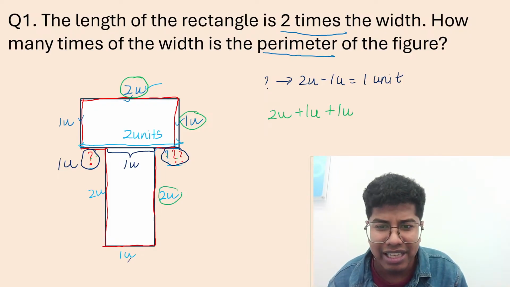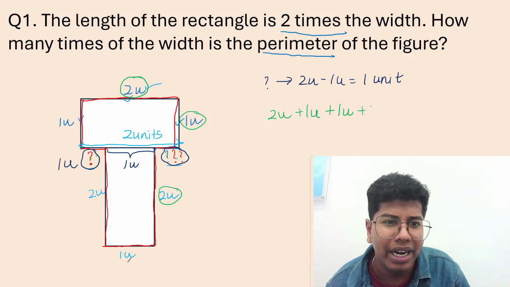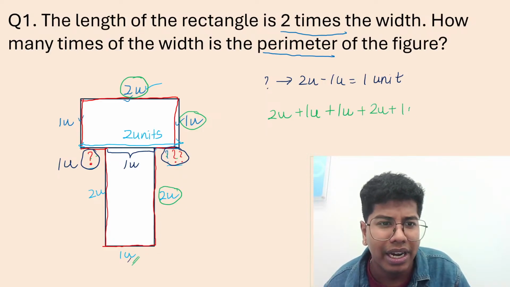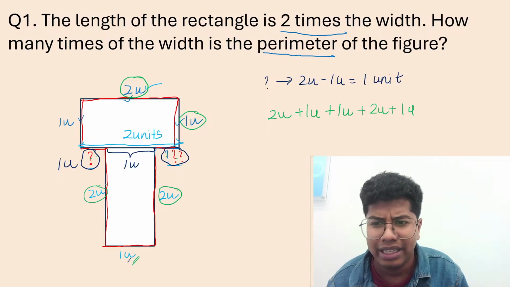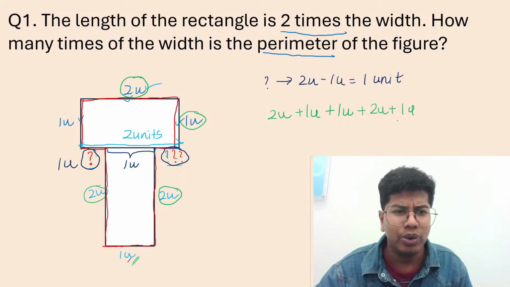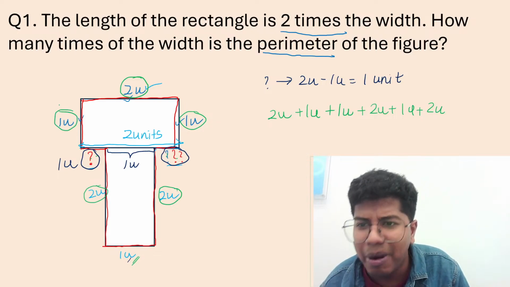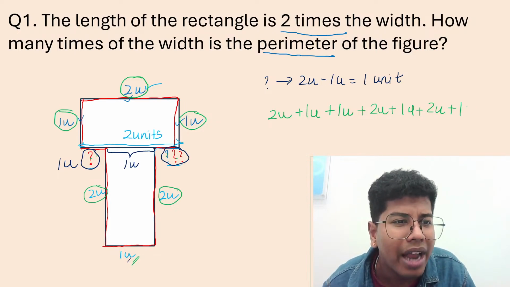And then comes this outer boundary, that is 2 units. Then comes this part, that is 1 unit. Then let's calculate this part, that is nothing but 2 of the following units. And lastly, we have this part remaining, that is 1 unit.